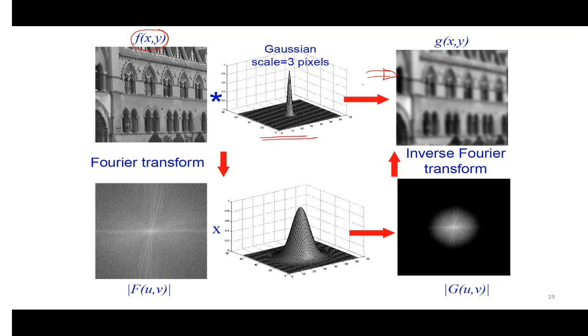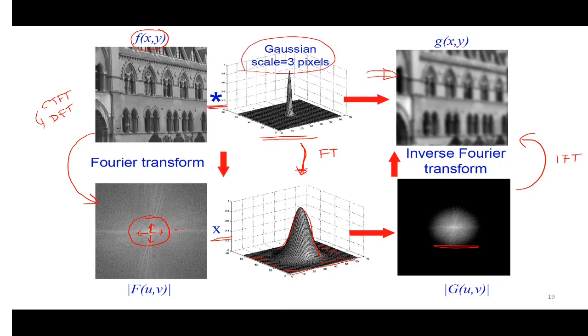Instead of that, how I could make use of the convolution theorem is, you compute the Fourier transform of this. Now you take the Fourier transform of it. Then you simply multiply the frequency spectra. Now to this you compute the inverse Fourier transform. Then you are going to get a result which should be identical to what you would have been getting if you were doing a convolution of this with this particular Gaussian.